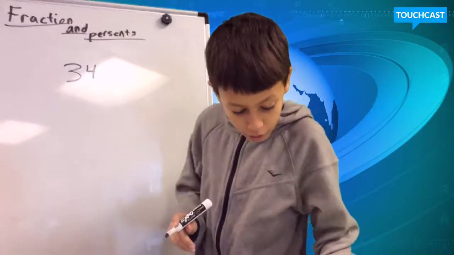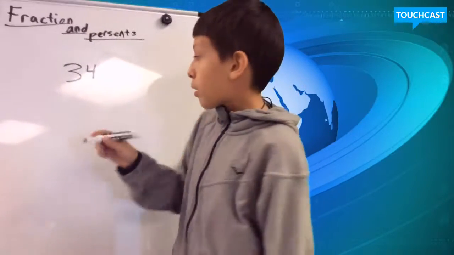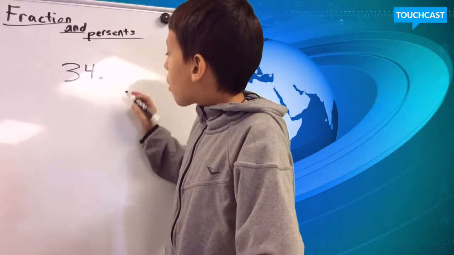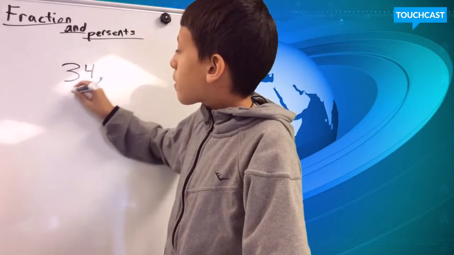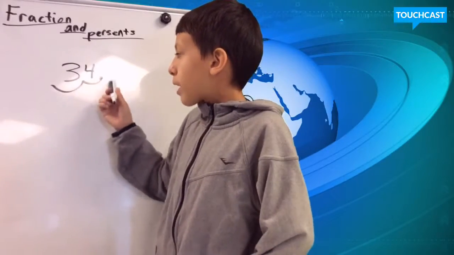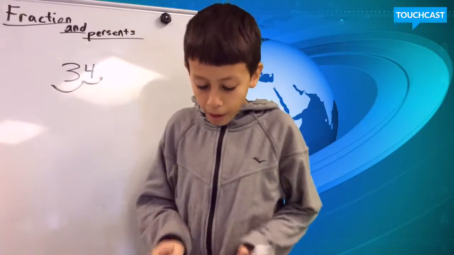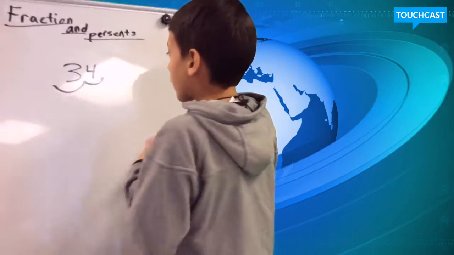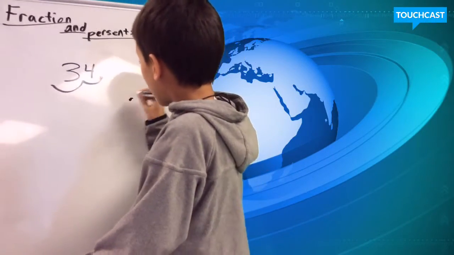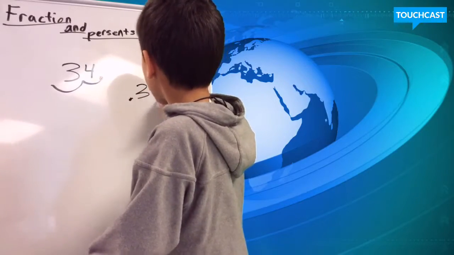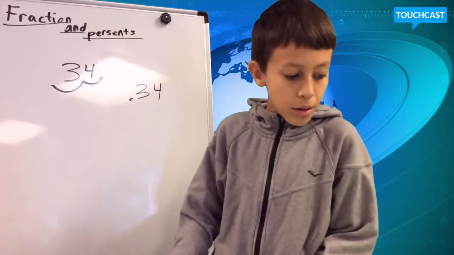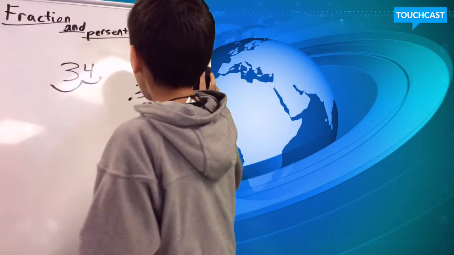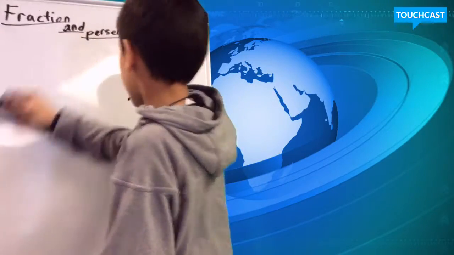Remember decimals, how even though you don't see a decimal, there's always a decimal there. Well, we're going to have to remove the decimal, so we're going to have to divide it by 100. So our number, or now decimal, would be 0.34, 34 hundredths.